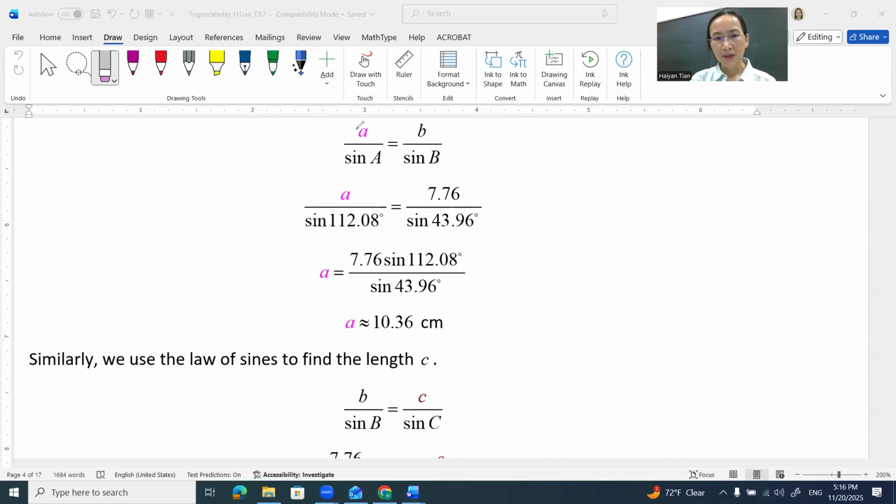You see that's the a you want to determine. If you want to put in all the numbers already, that's possible. The capital A we know, all the values you know, you just put the values in. The lower b is given as 7.76, and the capital B we found is 43.96. Then you have everything but a.